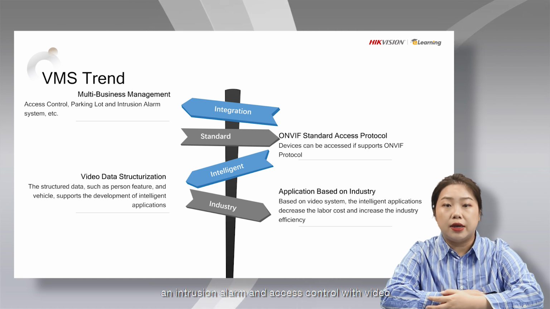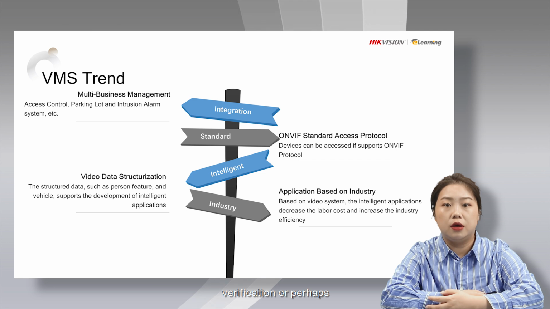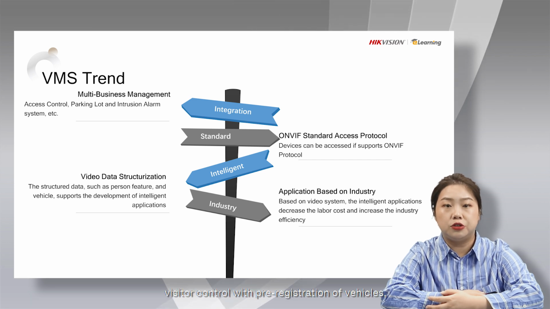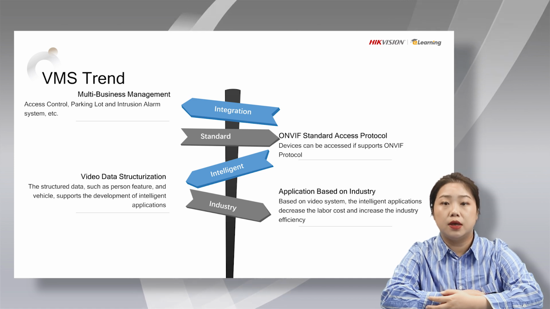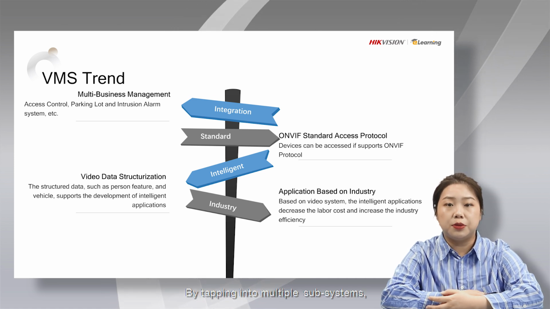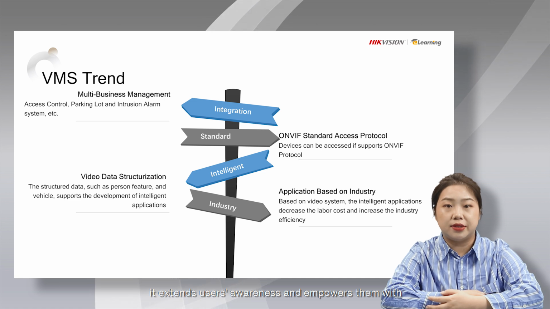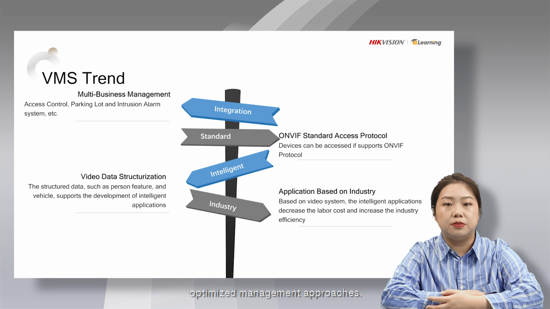For example, an intrusion alarm and access control with video verification, or perhaps visitor control with pre-registration of vehicles, and much more. By tapping into multiple subsystems, it extends users' awareness and empowers them with optimized management approaches.